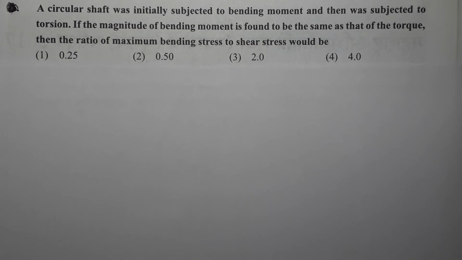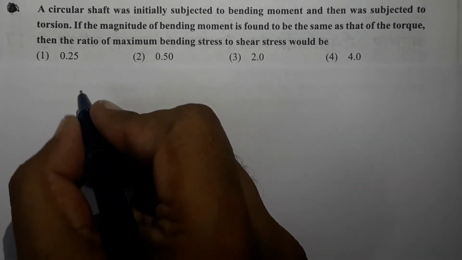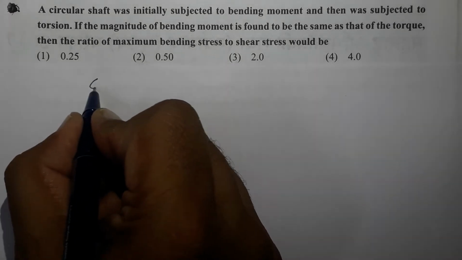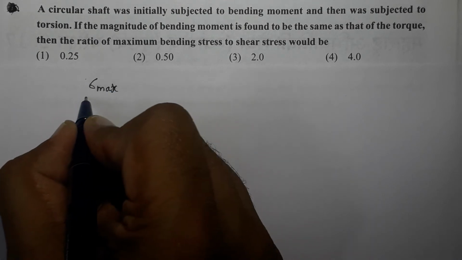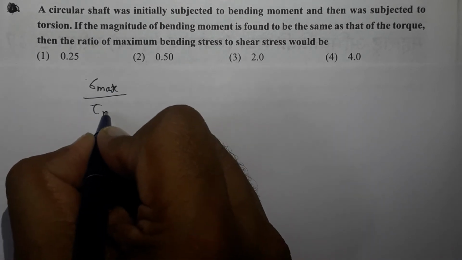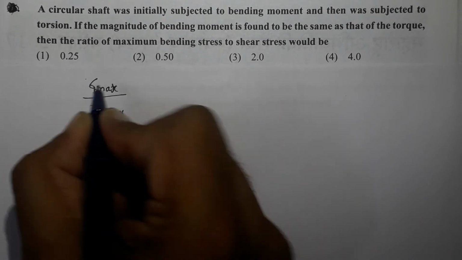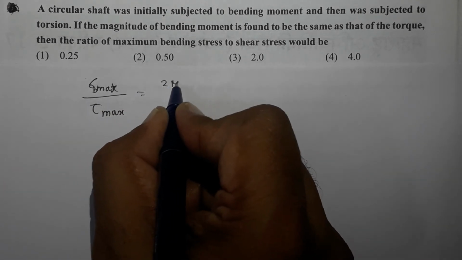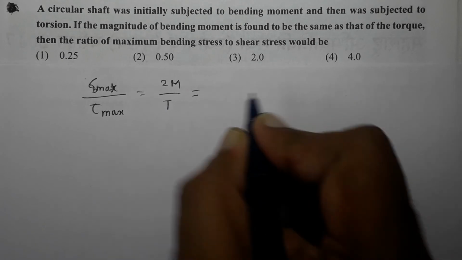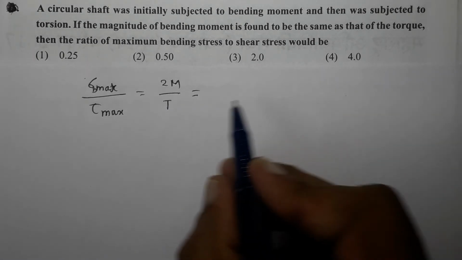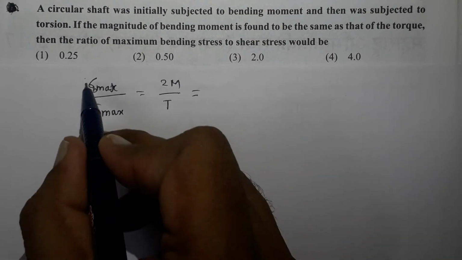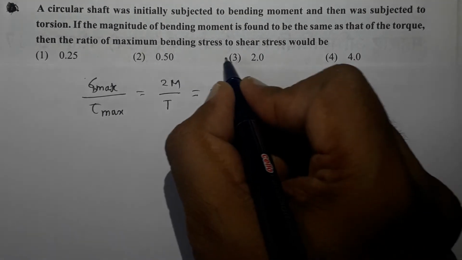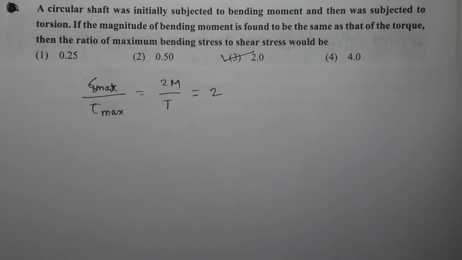Now, in the same question paper, I think it was the third problem, we have proved that the ratio of maximum bending stress, sigma B max, divided by maximum shear stress, is equal to 2M divided by T. And that is why here, as the bending moment and torque are kept the same, the ratio will be equal to 2, and the correct option is option 3.